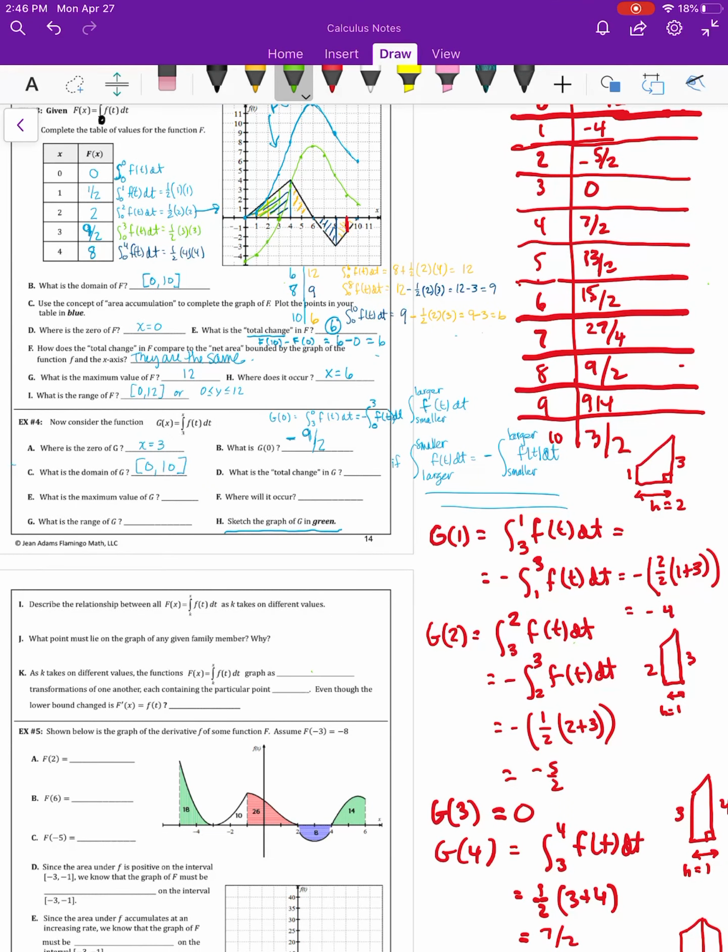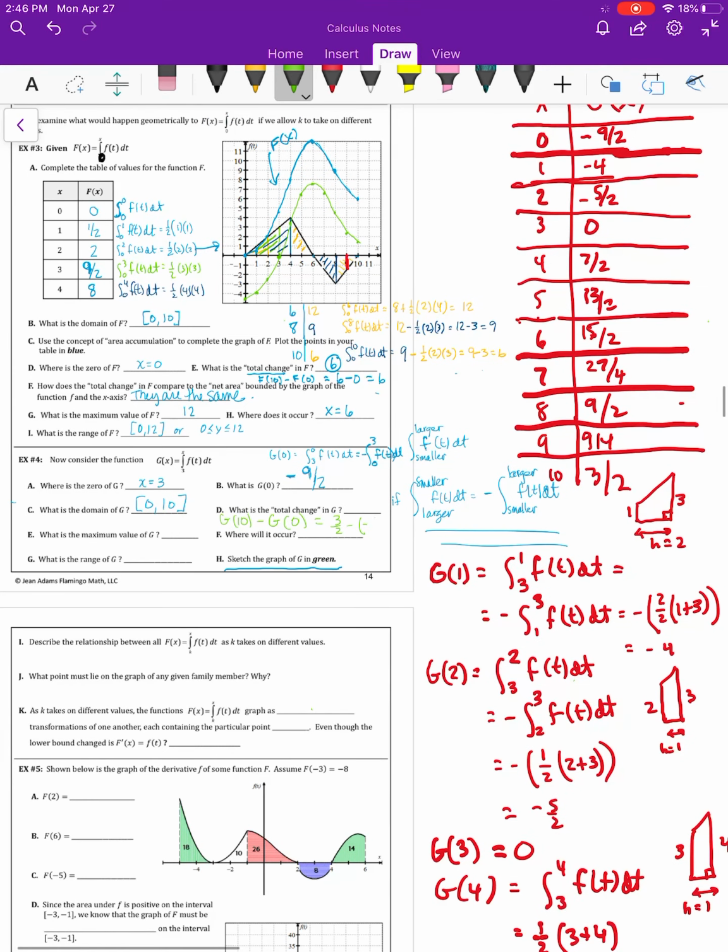And so when it says what is the total change in g, if I took my g of 10 minus my g of 0, it would give me 3/2 minus -9/2.